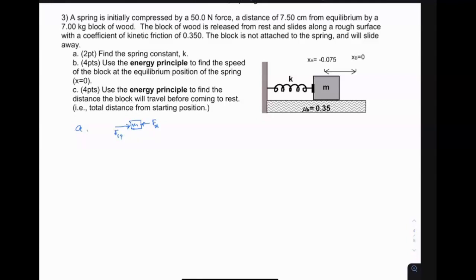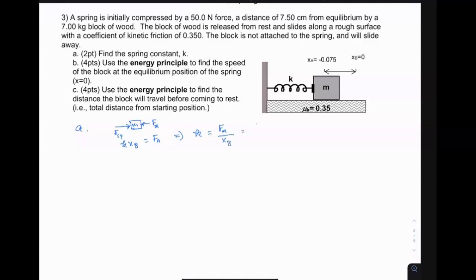So the magnitude of the spring force, which we know in magnitude is equal to K times XB, must be equal to this applied force that they give us, 50.0 newtons. So this tells us that the spring constant is equal to the applied force over the compression distance, XB.